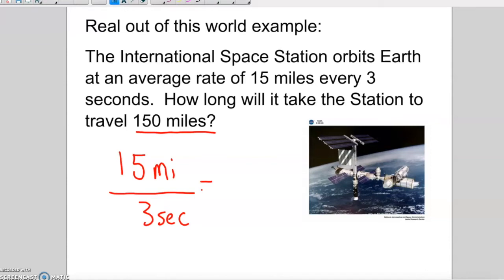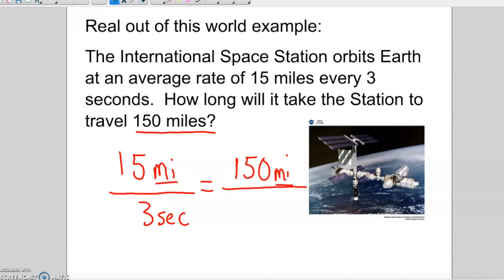Well, we can set up some equivalent ratios here, kind of like what we did yesterday. So this is miles and this is miles. I want to line those up. I want to make sure my miles are both lined up. They're both on top. Don't want to put one on the bottom. You're going to get a much different answer. Okay? So I've got miles and miles.